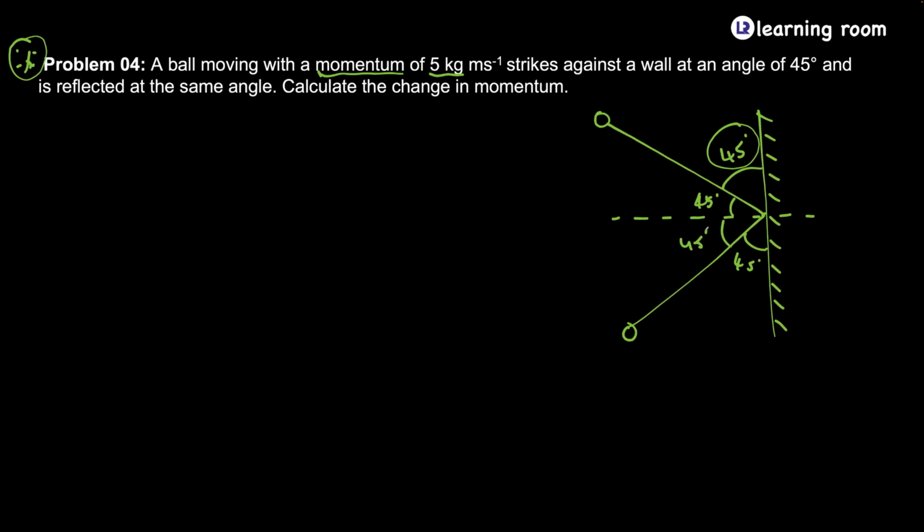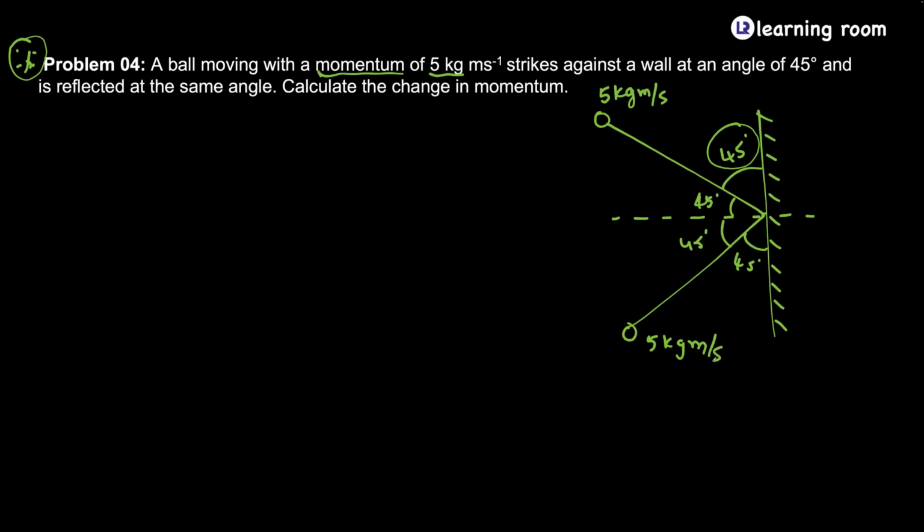Now the momentum of this ball is 5 kilogram meter per second. And it is going to rebound at the same angle. And here also, I'm going to take the momentum to be the same. So it is going to be 5 kilogram meter per second, because they didn't speak anything about the change in momentum.